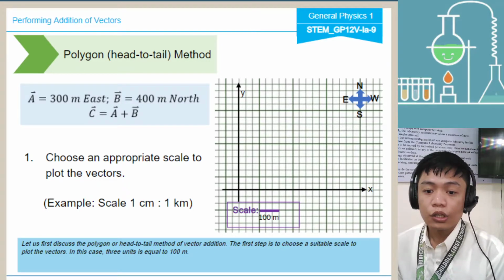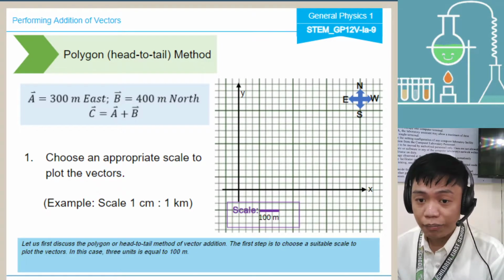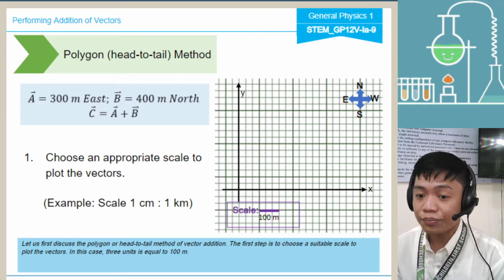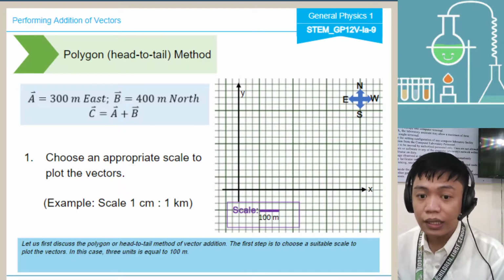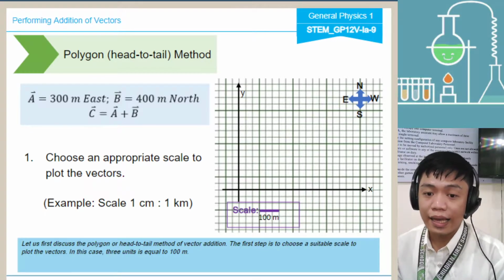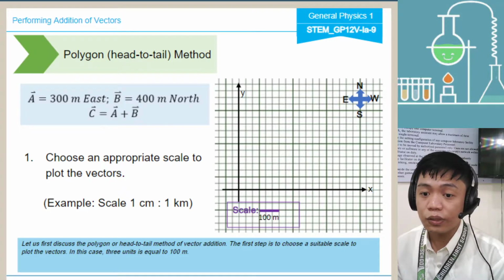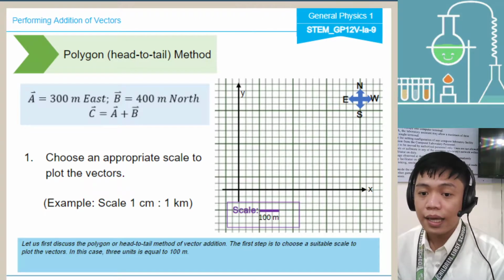The first step in the polygon head-to-tail method is to choose an appropriate scale to plot the vectors. But before that, let us see the given values: A is equal to 300 meters east and B is equal to 400 meters north.